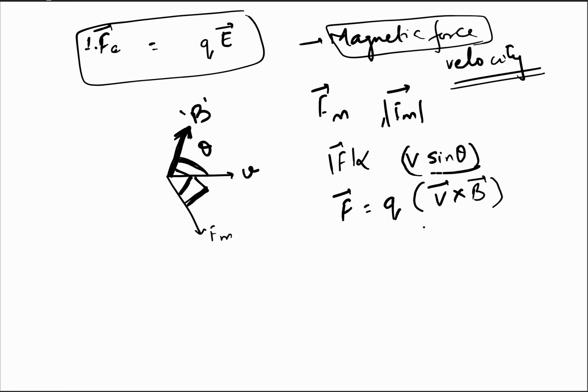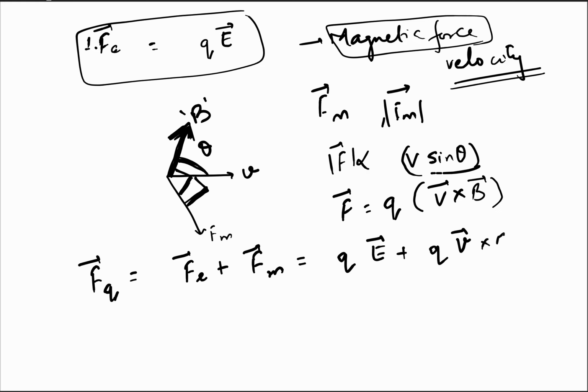So all of this can be explained if we define this quantity as magnetic field, a vector B. So you see that the total force on the charge will be due to the electric field as well as the magnetic field, that is qE plus qv cross B, or if I take q common, q times E plus v cross B.